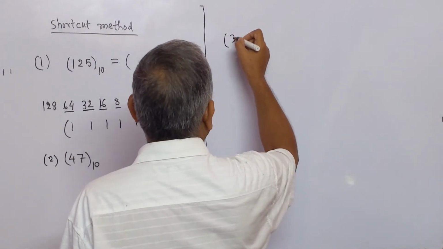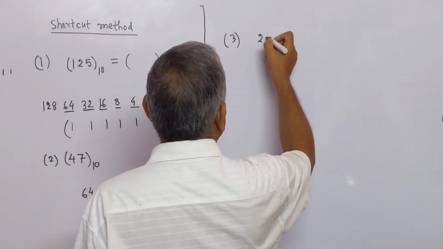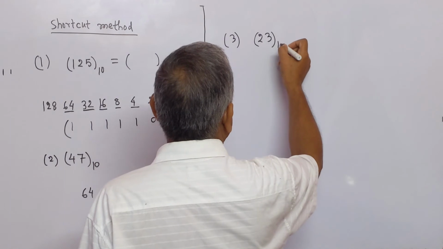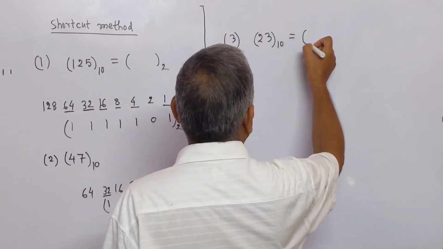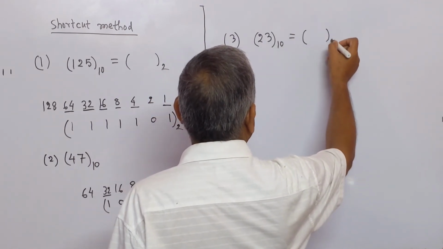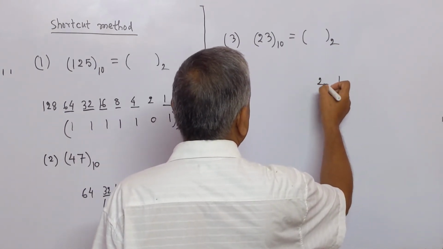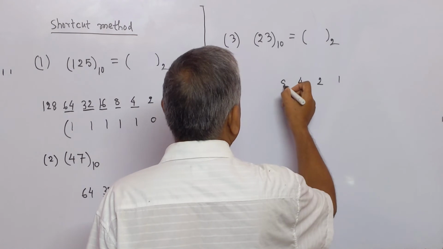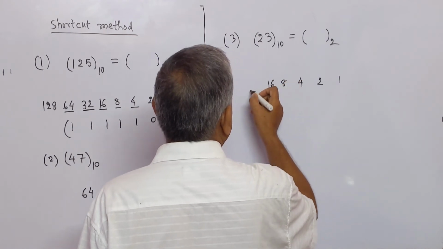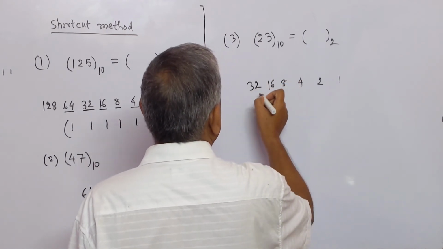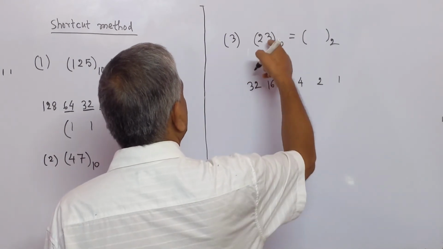Number 3. Let us have number 23 in decimal system. We have to write this number in binary system. Firstly we write here 1, 2, 4, 8, 16, 32. This 32 is more than 23.